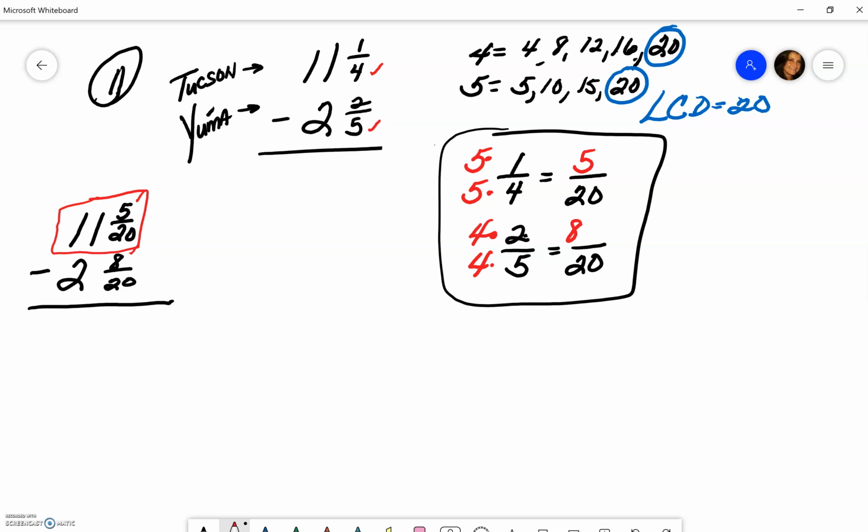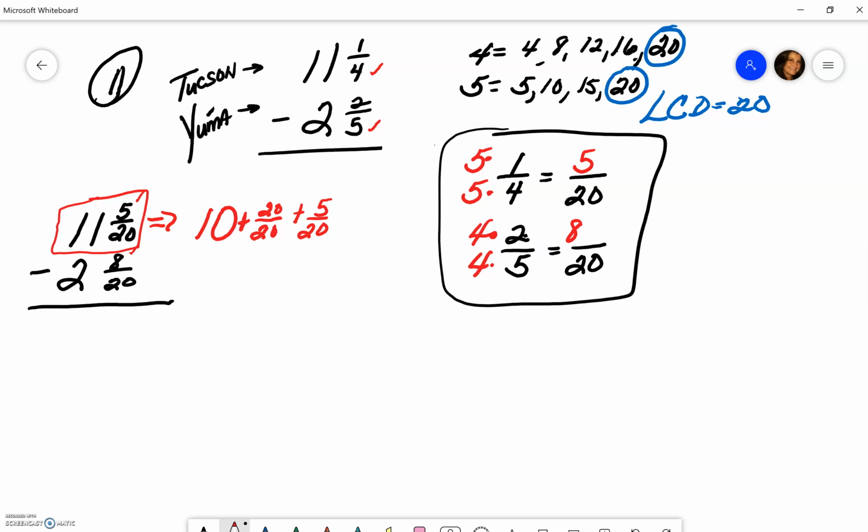All right. So to do that, we take it down to 10. And then we have plus 20 over 20, because we still want to make sure it's equivalent to 11 and 5 over 20. And then we add in the 5 over 20. So that's how that's going to look.